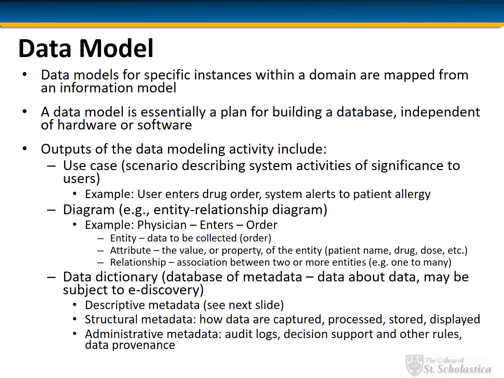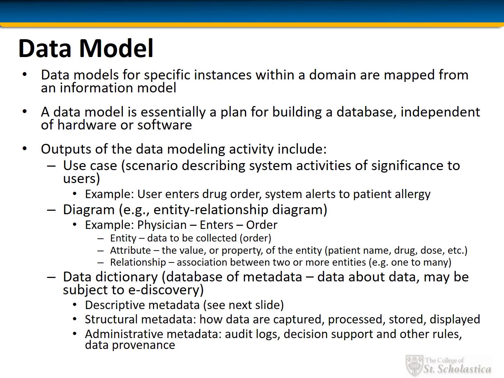For example, it can identify that an order requires the patient name, drug name, dose, etc. And it can allow one physician to write one order or many orders, but each order can have only one author, but there can be multiple countersignatures. The entity relationship diagram, in other words, helps establish the rules around processing the data.